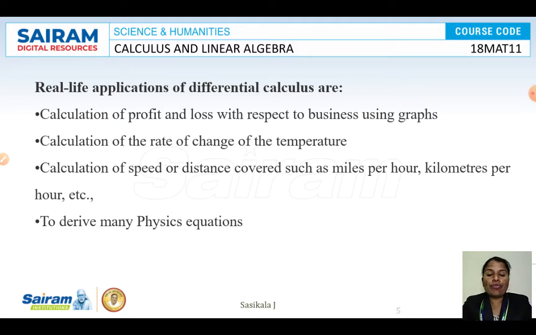The major role of differential calculus is to calculate profit and loss, and the rate of change of temperature. How the temperature is changing can be found out using differential calculus.